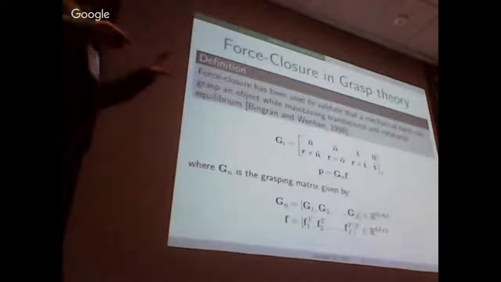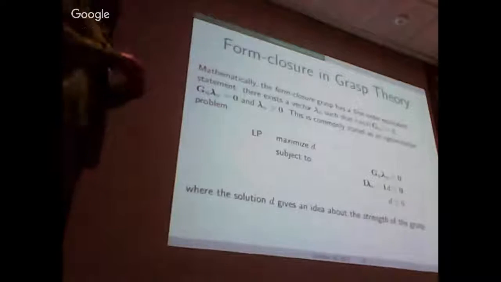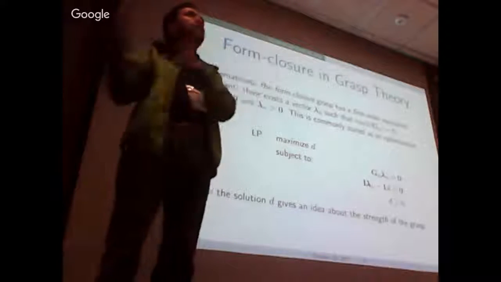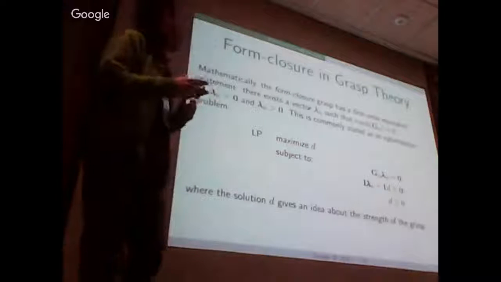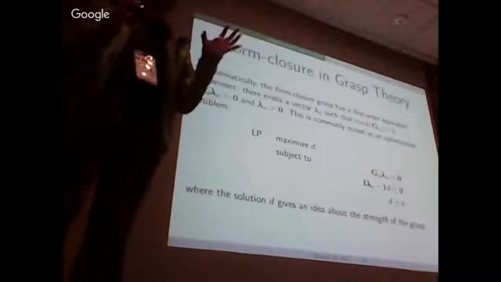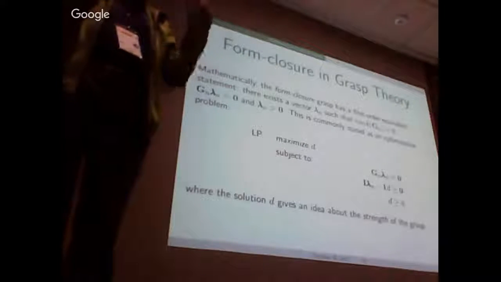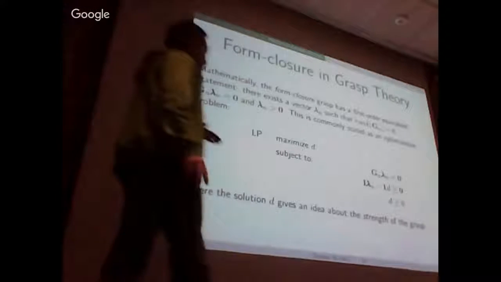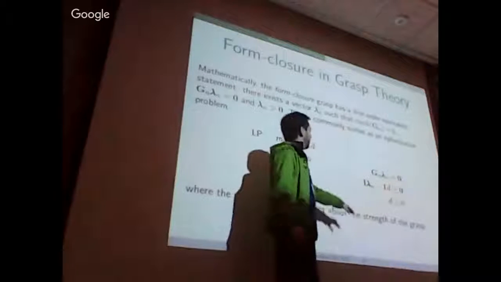Given this similarity, we formulated the form closure applied to the Hexapodopter. As you can see, it has a very formal way to define that a grasp over a rigid body is form closure. The first is that it has to be in equilibrium, right?